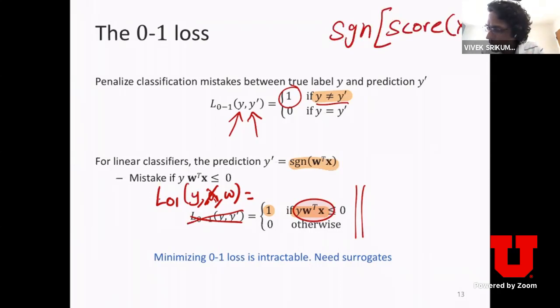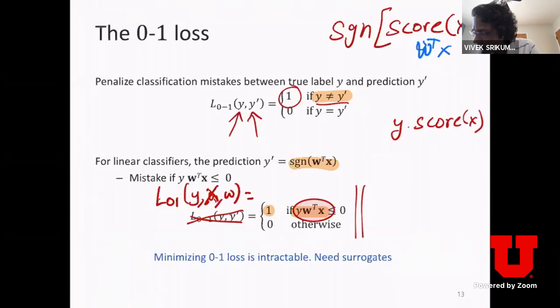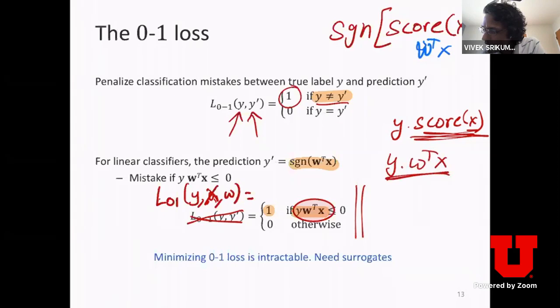Here the score is just W transpose X. For any classifier where you make a prediction in this way, I can write the loss in terms of y times the score of X. If y times the score of X is negative, then the loss is 1. So we can think of the loss as a function of y W transpose X.